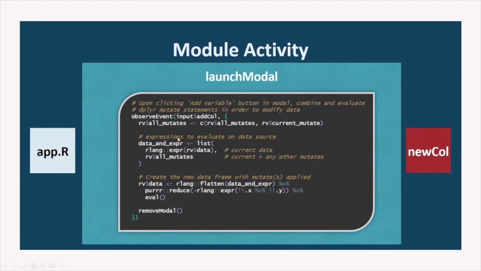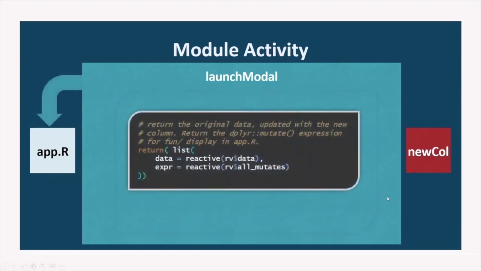And then we're going to create a list of the data set and all the mutates. And then we're going to use rlang to flatten and reduce those statements as we did in range conditions. So basically, we're going to pipe each expression and then evaluate it. And then a simple statement to remove the modal, because guess what? It is time to return our data and our mutate expressions to app.r.